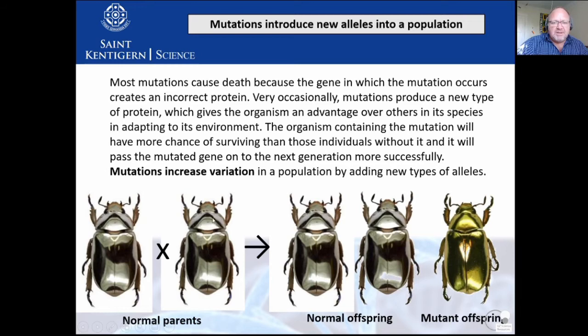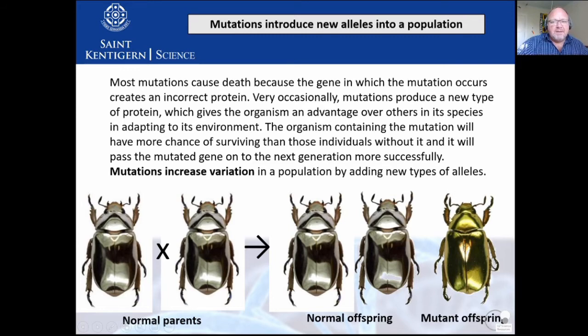So a mutation in the egg or the sperm in the parents, and that egg and sperm was then fertilized, that will give rise to the mutant. But sometimes it can be an advantageous thing. Sometimes it can be a disadvantage. Sometimes, and mostly, it is actually silent and nothing really happens.